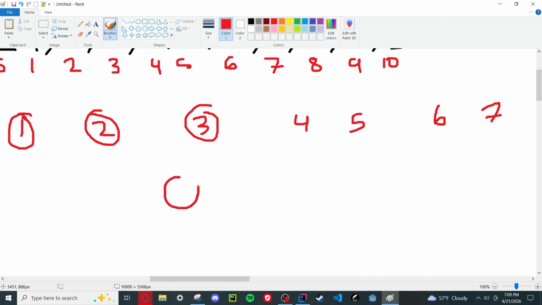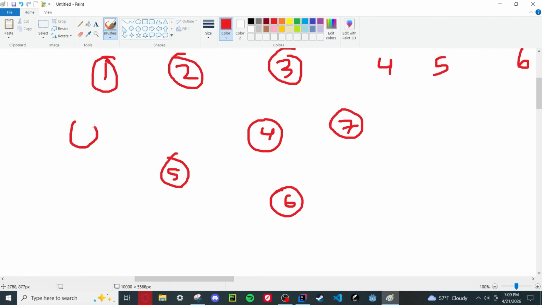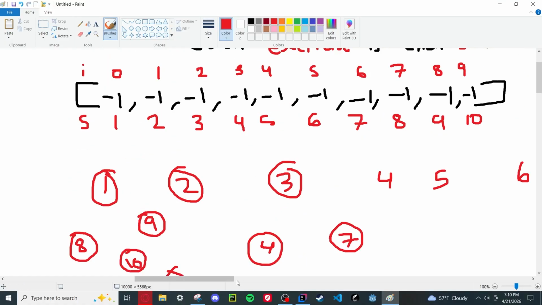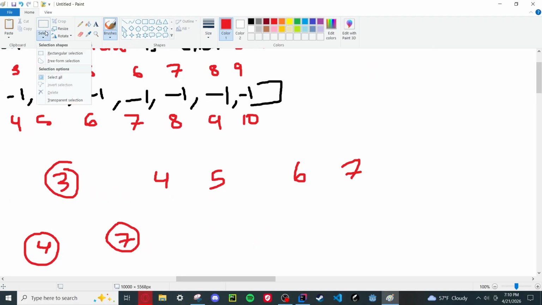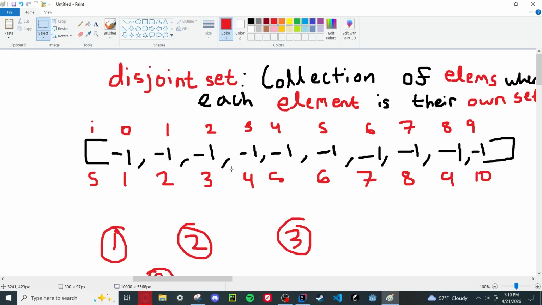So you can maybe just do 4 here, 5, 6, 7, and it's like 8, 9, 10 over here. So we have a bunch of disconnected elements, right? Or unconnected elements. This is a very weird graph. In fact, it looks like it's literally just a bunch of vertices.